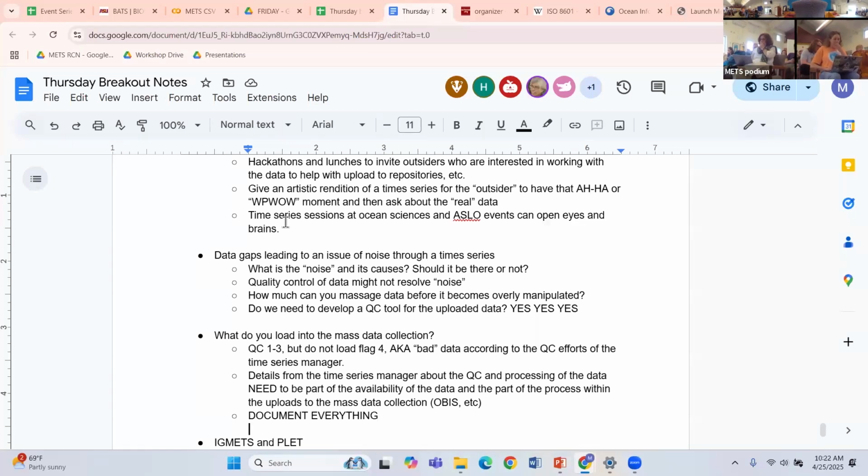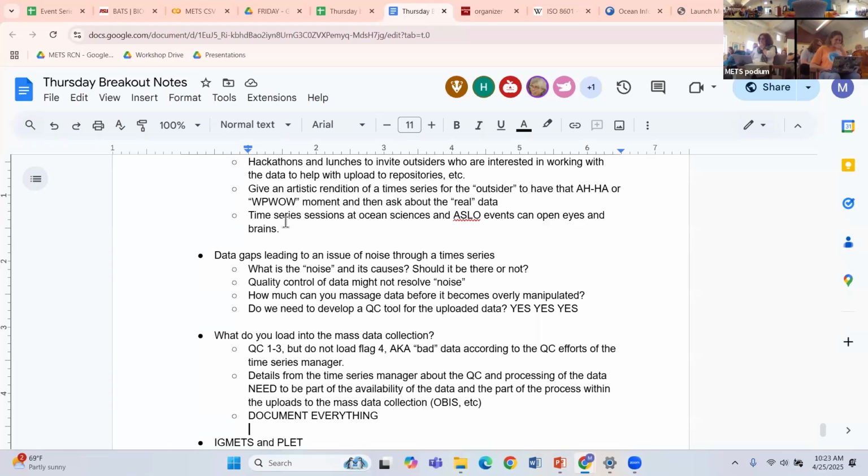So how much can you massage the data before it becomes overly manipulated? Because once you load it up, you don't want it to be so simplified that you're not getting a sense of seasonality or yearly trends or decadal observations. We just have to be sure that the noise gaps are filled in, but we're not overly manipulating the data.